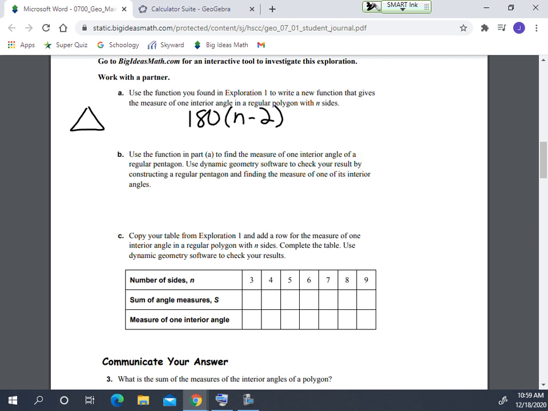But we only want to find one angle. So if we said 180 times (3 minus 2), we're working with a triangle, that equals 180. How do we find the measure of one angle? We divide it by 3, right? Because there's 3 angles, 1, 2, and 3, which equals 60 degrees.